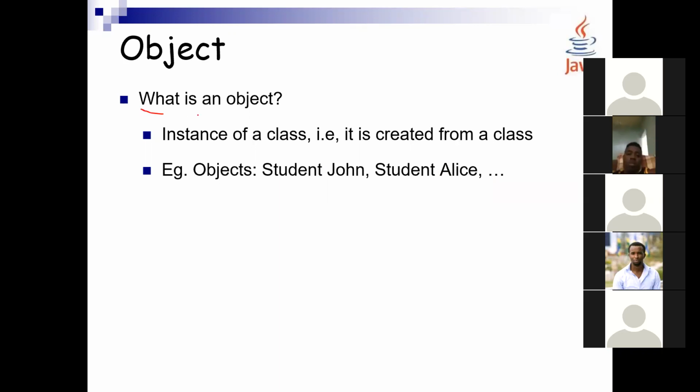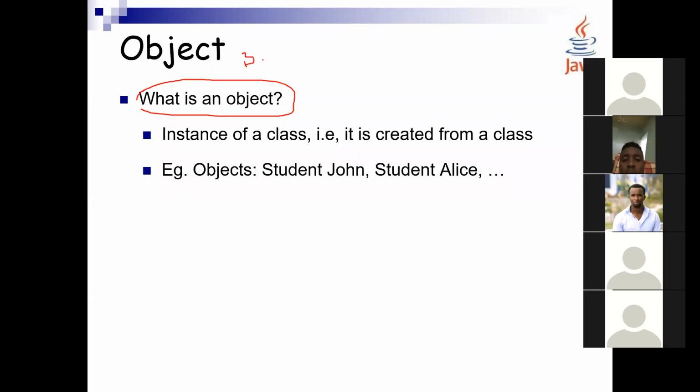Then, if you understand a class, what is an object? You remember, we said that a class is like a blueprint or template for an object. So what is the object? Object is an instance of a class, which means it is created from a class. So remember from a DBMS, when you're talking about employees, that is nothing but something like a class or type.